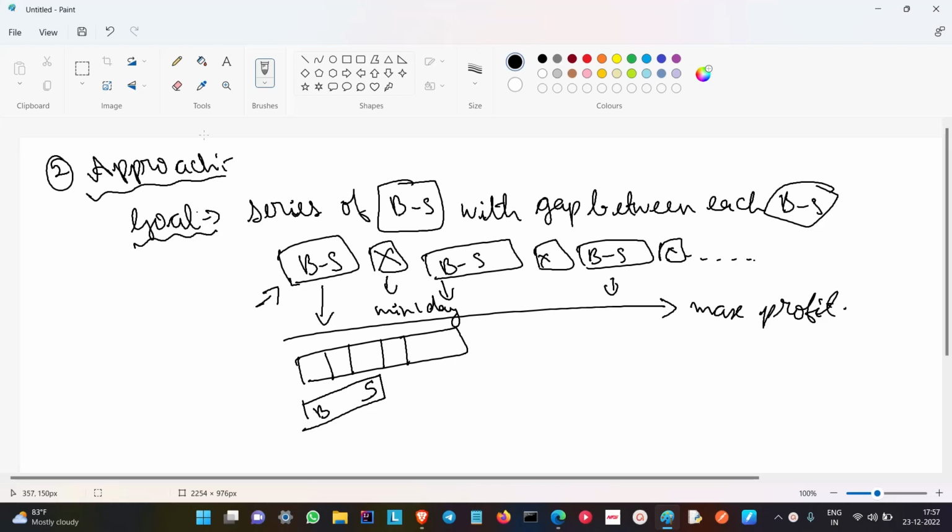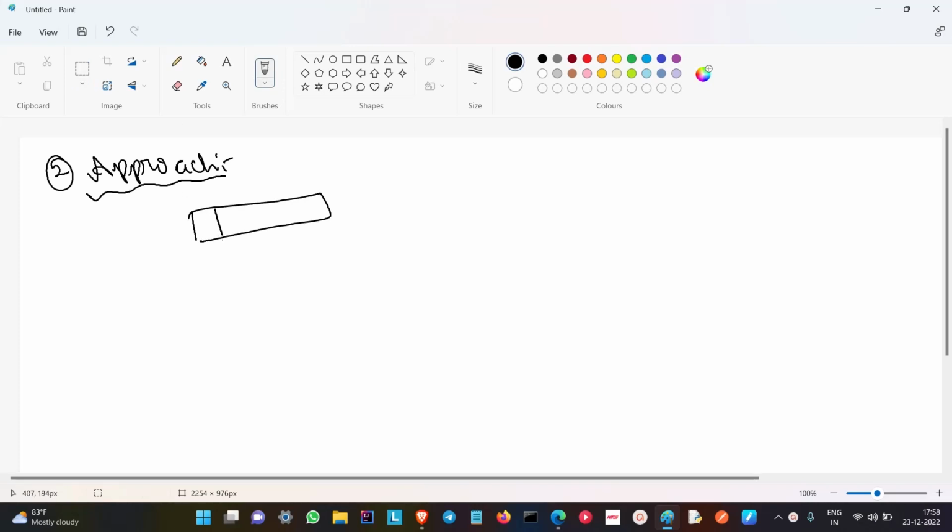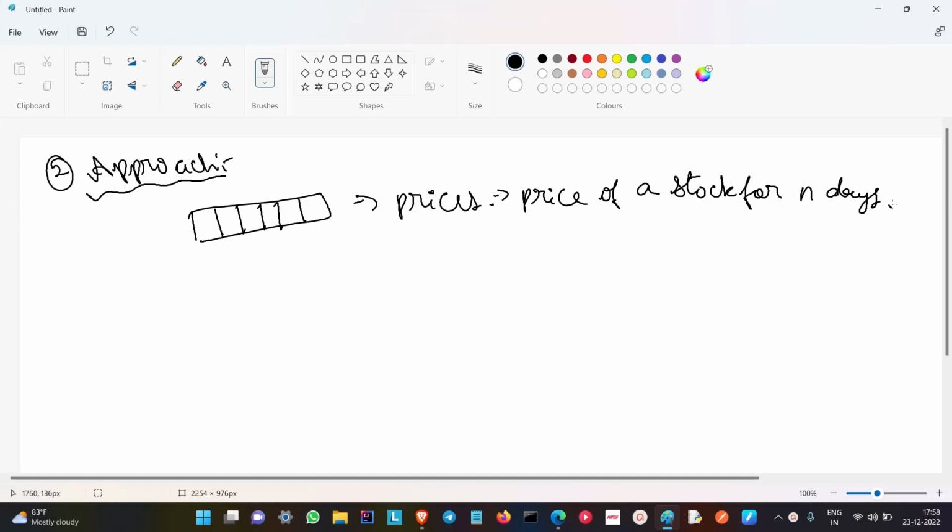So how can we find this? There are three possible operations that we can do for each day. If you are given the price of stock, this is the prices array. This is nothing but the price of a stock for n number of days.